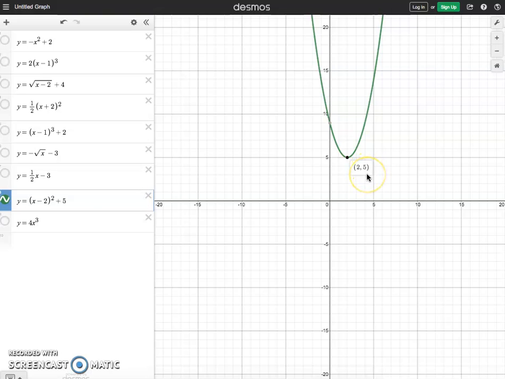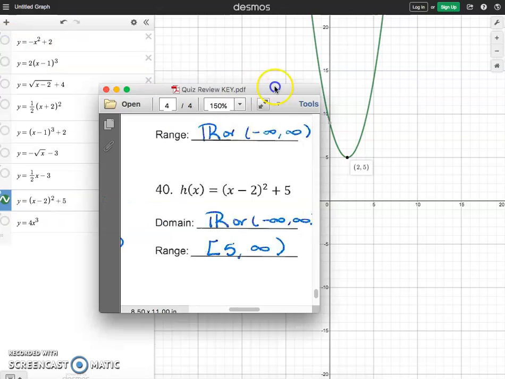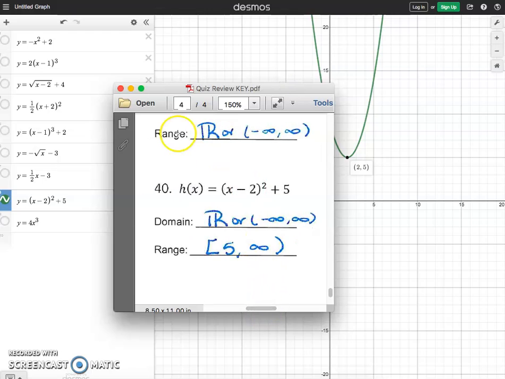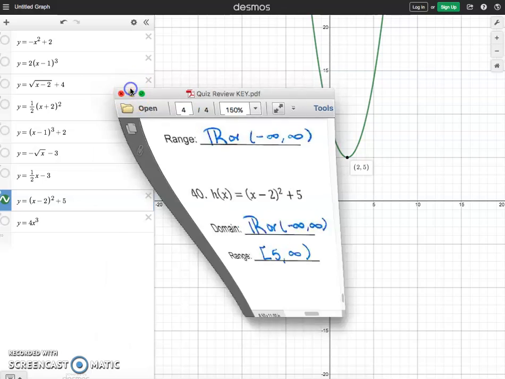So 5 is actually the lowest point, so that's the lowest y value, meaning it would come first, 5 bracket, and as it goes up, it's going to be approaching positive infinity, which would use a parenthesis because that's something that we cannot reach. Your answer should have looked like this. Okay, that should be all.